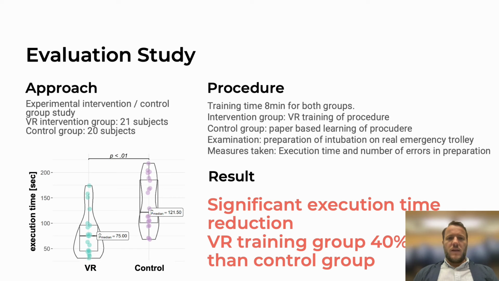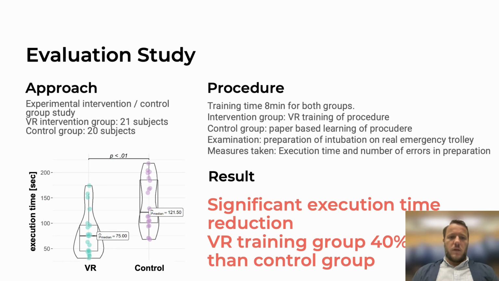Each of the two groups got a training time of 8 minutes to train the preparation of the intubation. The intervention group underwent an extended reality training where they could interact with the virtual emergency trolley, and the control group followed a paper-based learning of the procedure for 8 minutes.